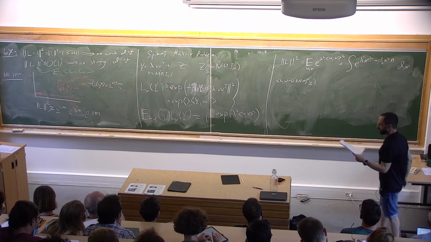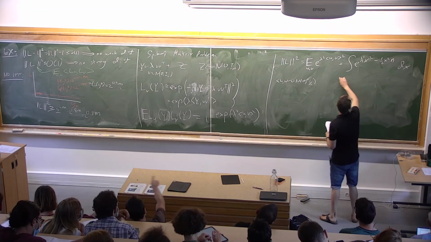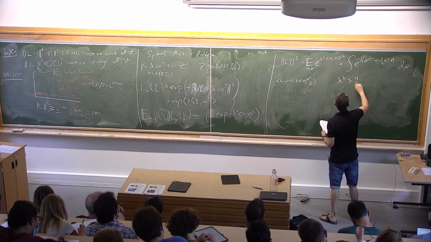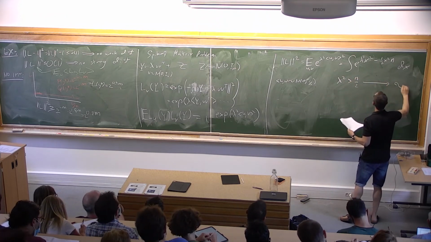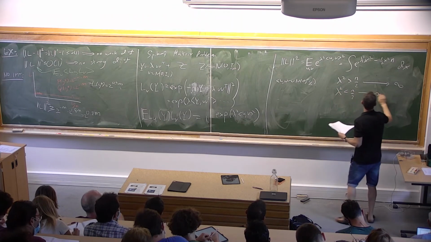The nice thing you can see is that if lambda squared is larger than n over 2, then this will go to infinity. And if lambda squared is smaller than n over 2, this will be bounded.